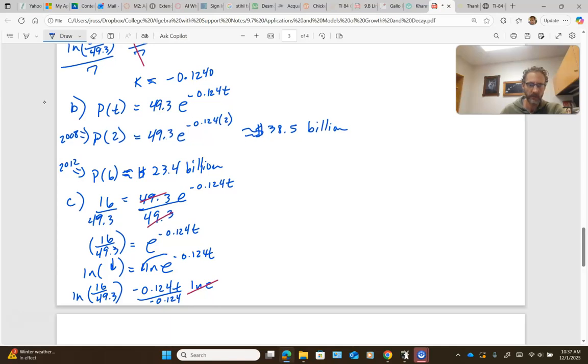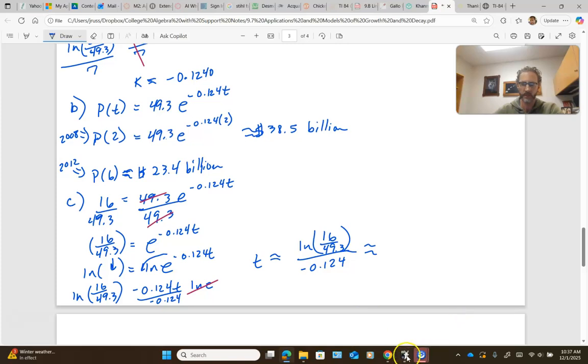And so I'll show that in the calculator. So t will be approximately equal to, actually I'll rewrite it over here. Natural log of 16 divided by 49.3 divided by k, which is negative 0.124. Okay.